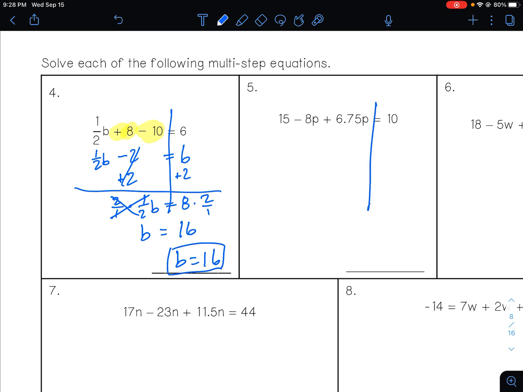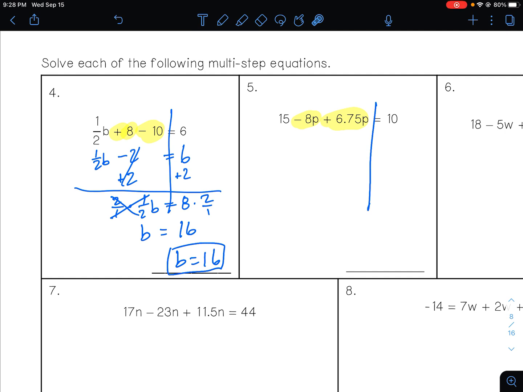Wall. Right here. All right, combining like terms. Let's see, 15 is just by itself, but negative 8p over here and plus 6.75p are like terms. So remember, I have a negative and a positive. I'm trying to combine them. I'm not multiplying them or dividing them. So I'm combining them.